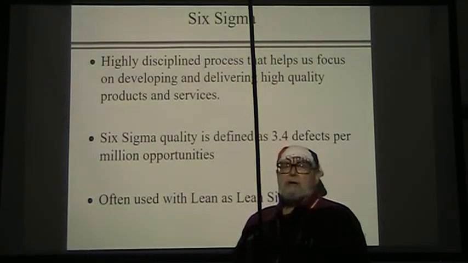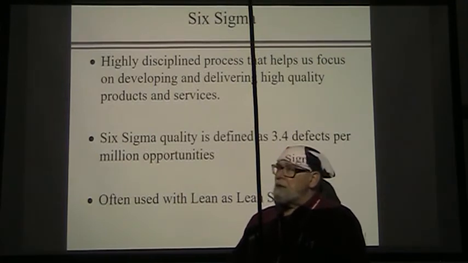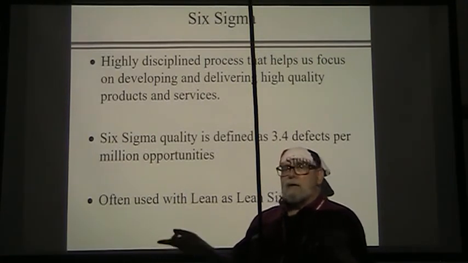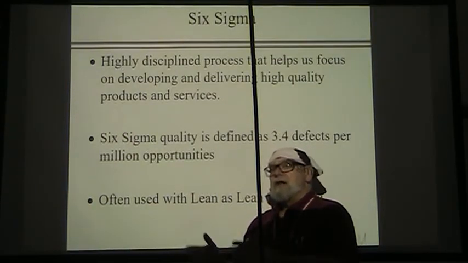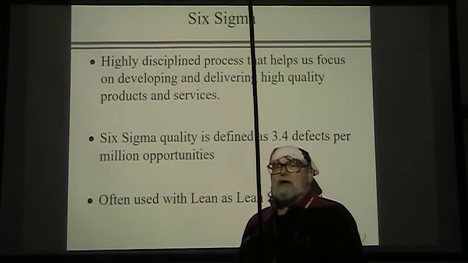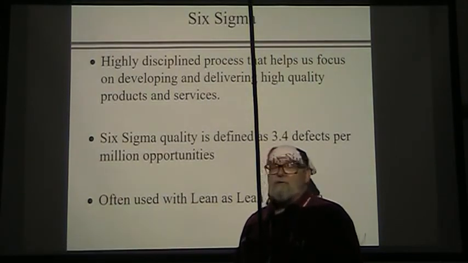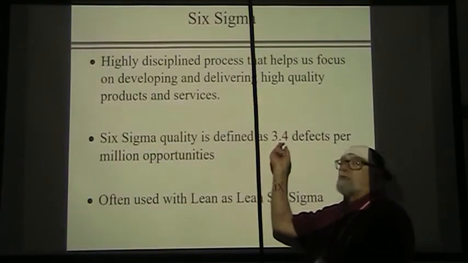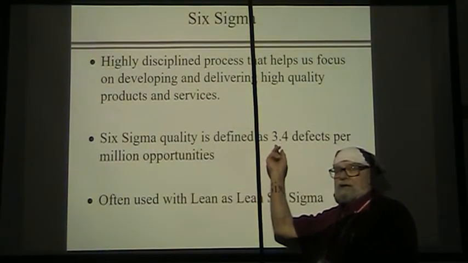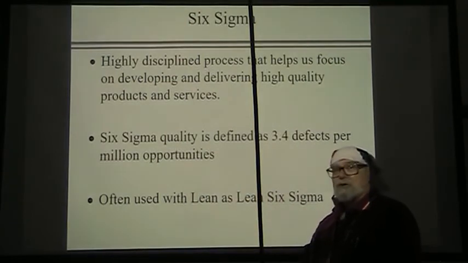Motorola, when they originally designed this, they didn't like that 6 standard deviations still left 773 defects per million as possible. So they redefined it as 3.4 defects per million opportunities.